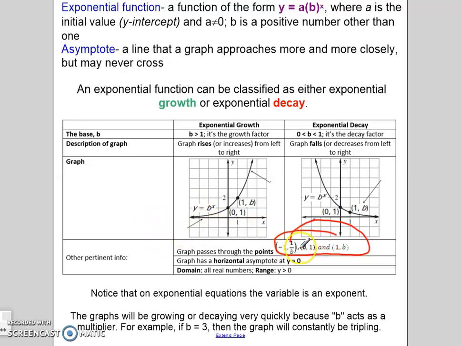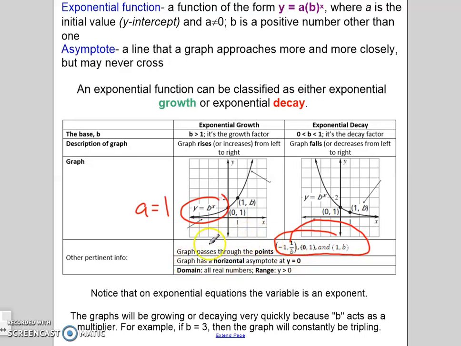So that's why you see these 3 points on those graphs. In other words, in that equation, a is equal to 1. So if a is some other number, then you're not going to necessarily see these 3 points, but at least these are some points that you can always start with and then manipulate later.